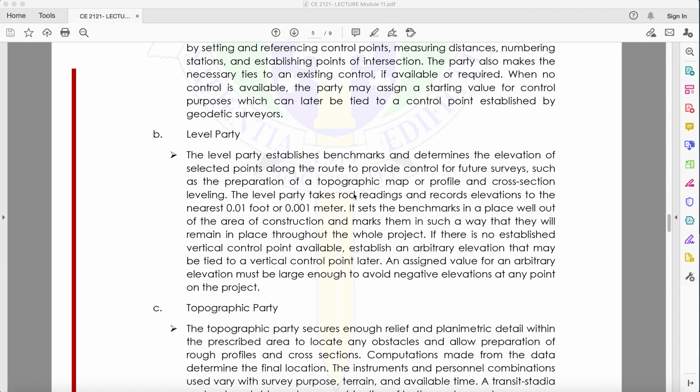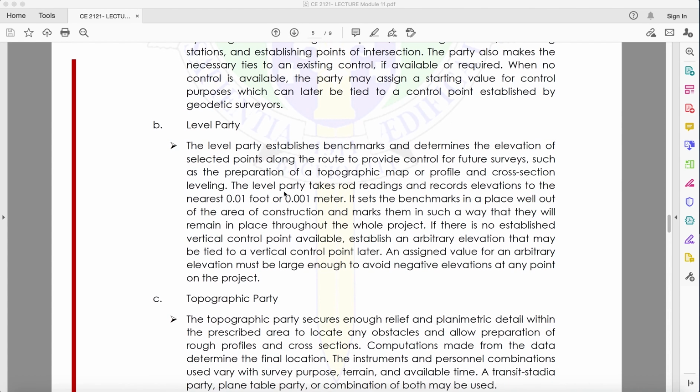We establish vertical distances or elevations so that they will be available for use or reference in the future, such as preparation of topographic map, profile, and cross-section leveling. The level party takes rod readings and records elevations to the nearest 0.01 foot or 0.001 meter. So it must be precise.